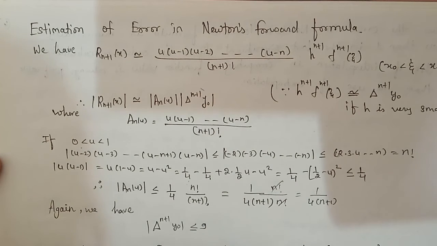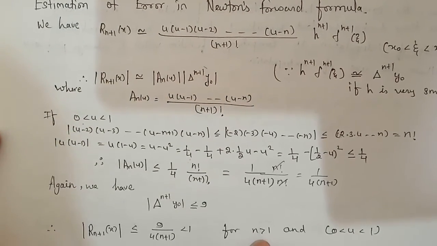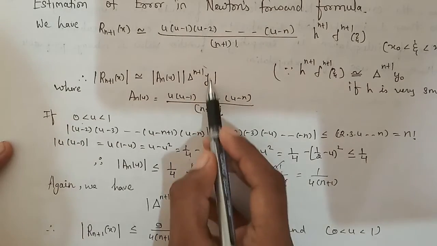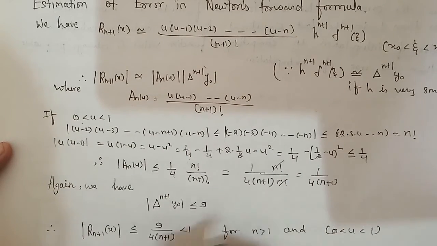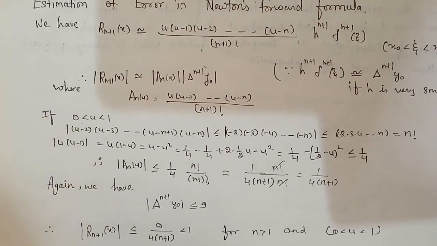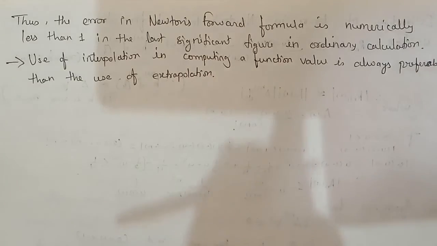So from this we can say that the modulus of R_{n+1}(x) is always less than or equal to 9 times 1 upon 4(n+1). So for n greater than or equal to 1, this is always less than or equal to 1. So this is the error for Newton's forward interpolation.